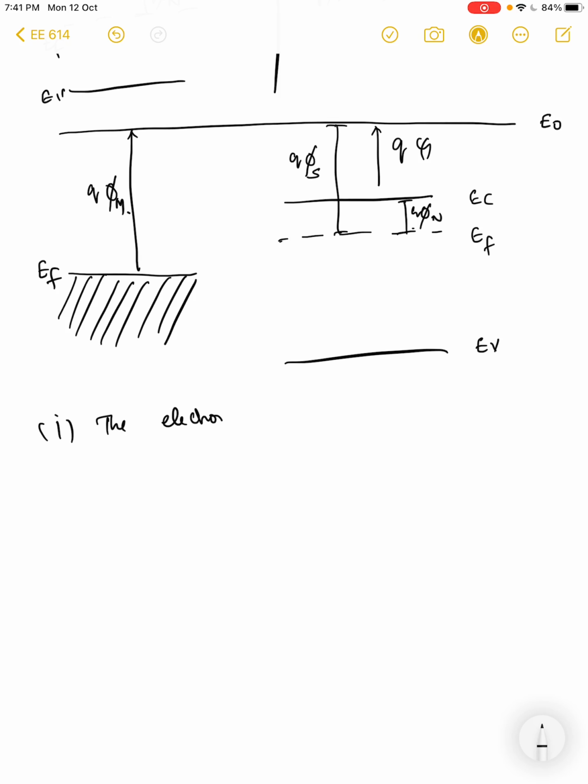So this is true because chi s is the energy difference from vacuum to a semiconductor, right? It does not depend upon the polarity of charges in the semiconductor. It does not depend upon how many carriers the semiconductor has at that point and such.